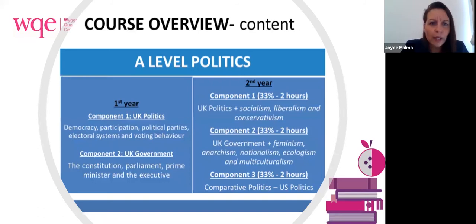So this gives you a quick overview of what you do in the first year and then in the second year. The first year is all about the UK political system. So learning about those political institutions, which I just mentioned, but also learning about political participation, how we can participate.